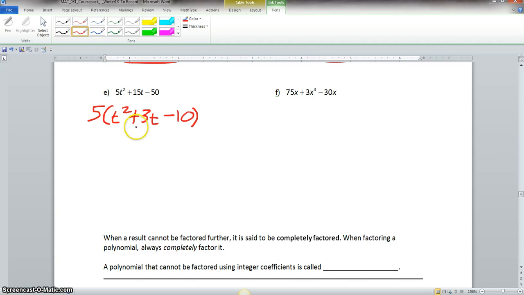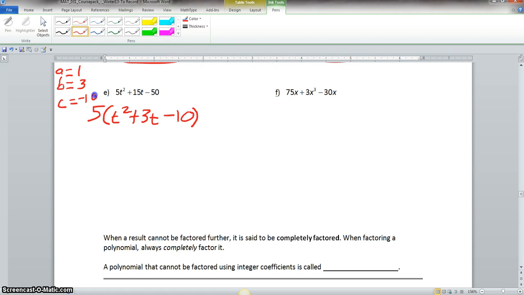Now, after we factor out this 5, we want to see what we could do with what's inside this parenthesis. We do not do anything else with this 5 until the end of the problem. So our A here would be 1, our B is 3, and our C is negative 10.